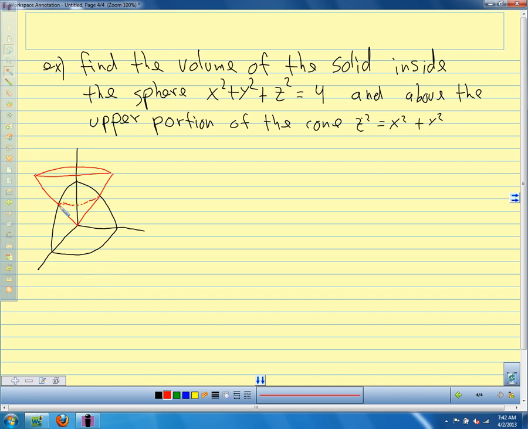I'm going to project this intersection down onto the xy plane, and that intersection is just going to be a circle.